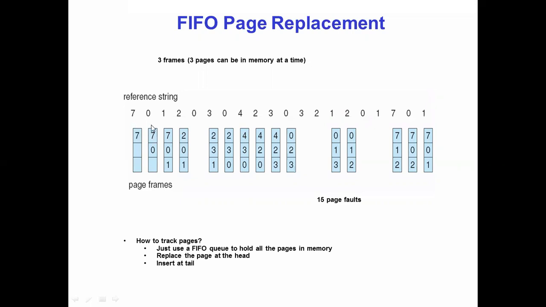Here you can see how it is replacing, going first in, first out: 7 and then 0, then 1, so 7 0 1. Then the new frame will restart, so 2 will go in. 0 1 will remain the same. Again you can check 6 and 4, 10, and these are 5.